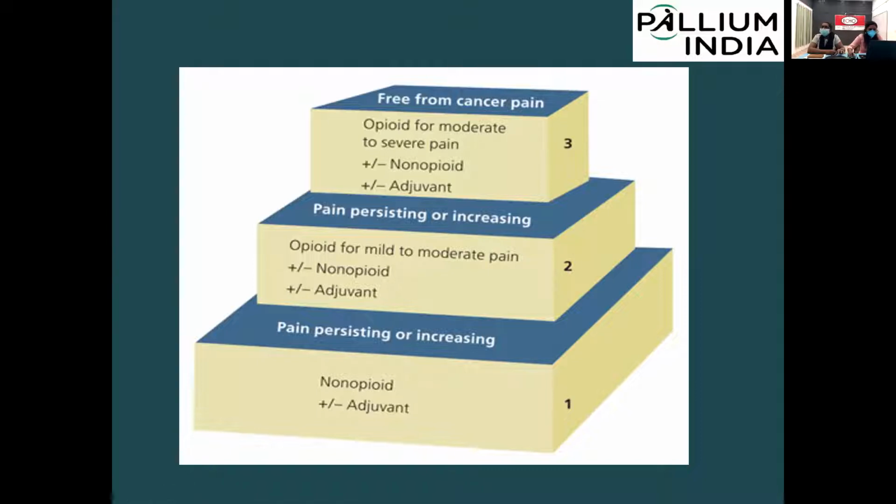Okay. So as nurses, fentanyl. Yeah, fentanyl. That's correct. Any other answers? Tramadol also is a weak opioid. Tramadol is a weak opioid. Now we are talking about the third step, in which we have strong opioids. So 2 strong opioids, one is morphine and the other one is fentanyl.